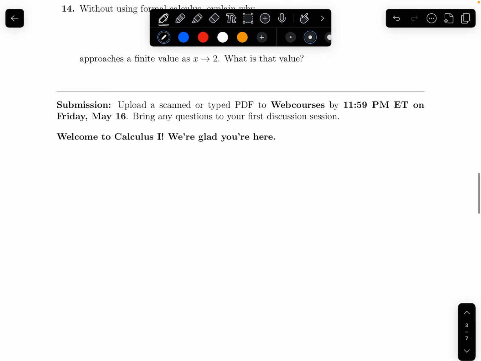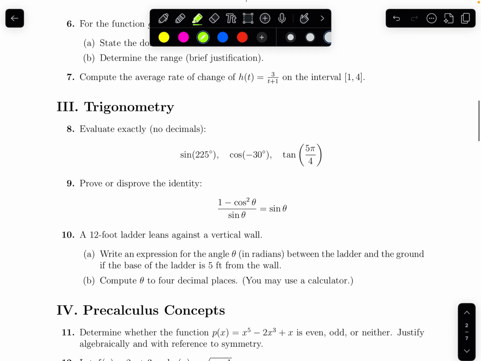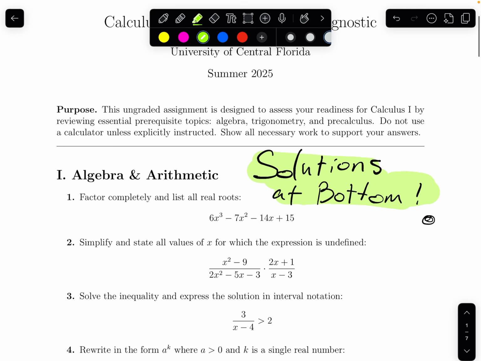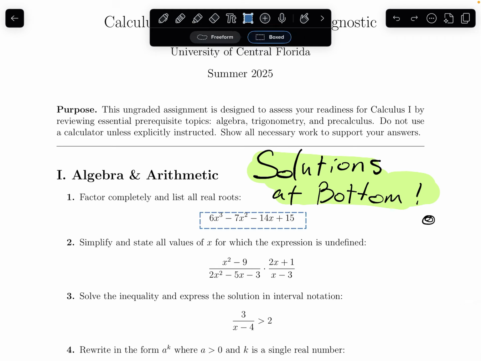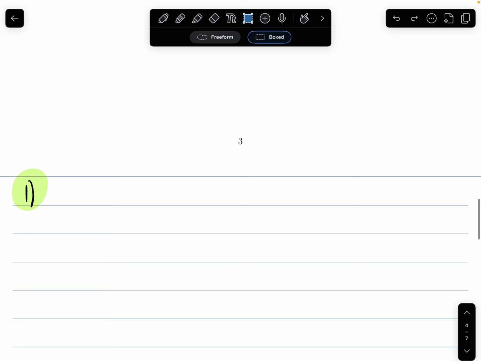So we'll go down. So question 1, I'll highlight it. So the question says 6x cubed minus 7x squared minus 14x plus 15. Actually, I think I'll just copy. So this is what we're trying to factor.